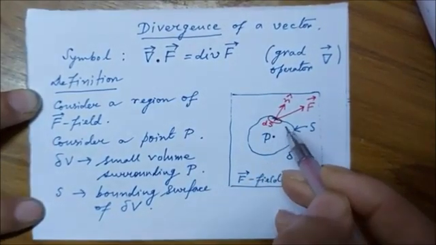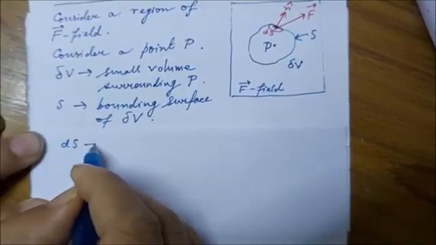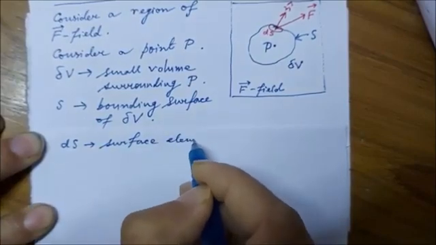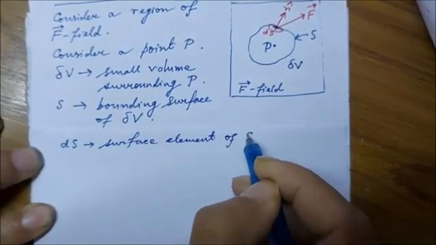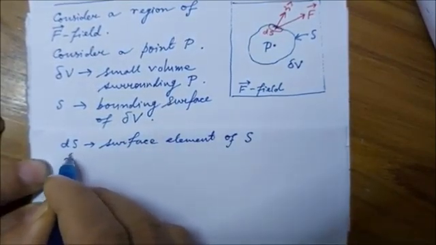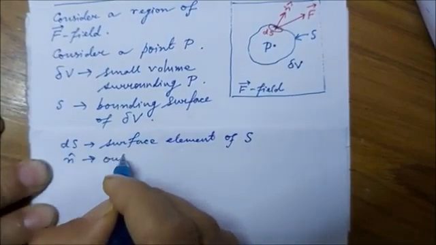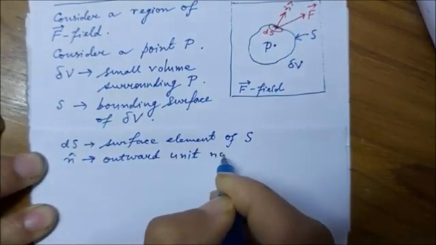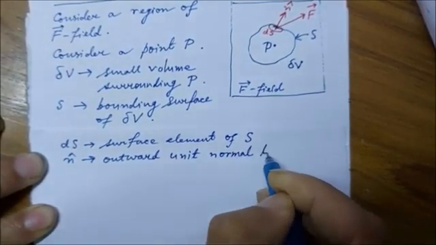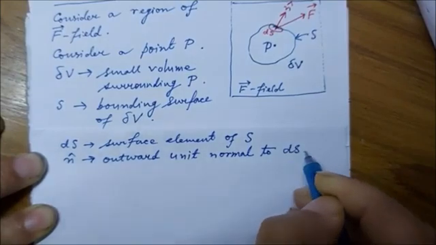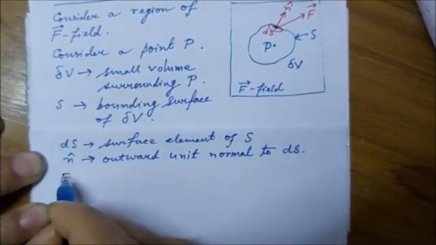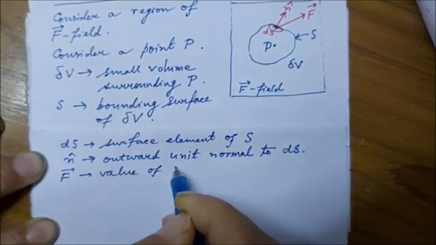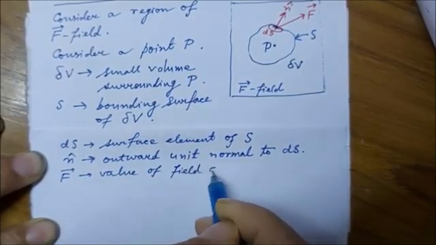So let us write these things. ds is a surface element or an elemental surface of S, and n cap is an outward unit normal to ds, and vector f is the value of the field at ds.